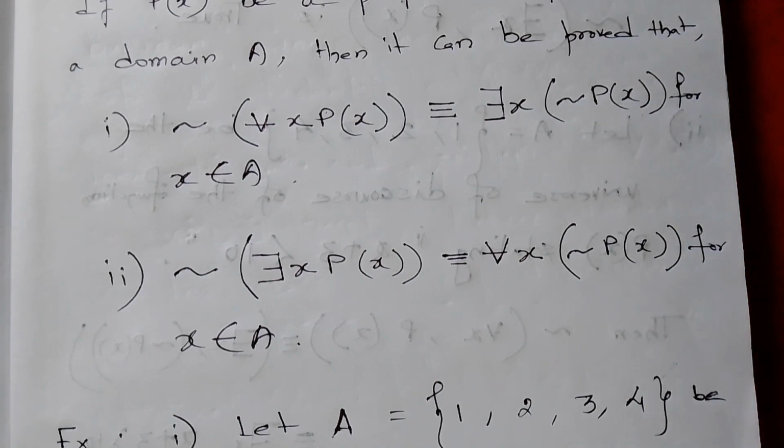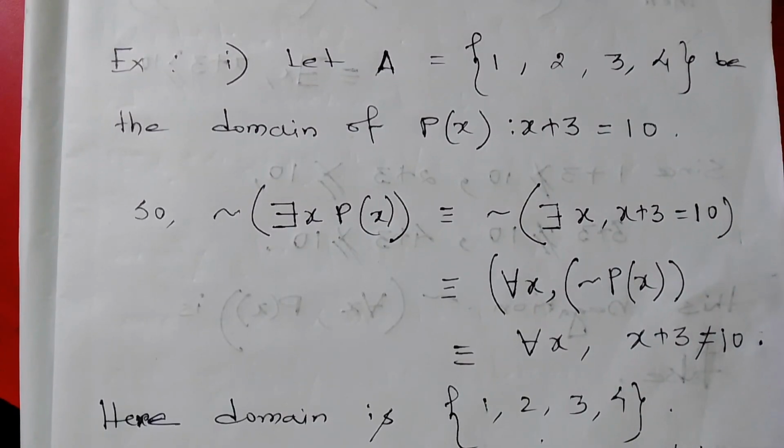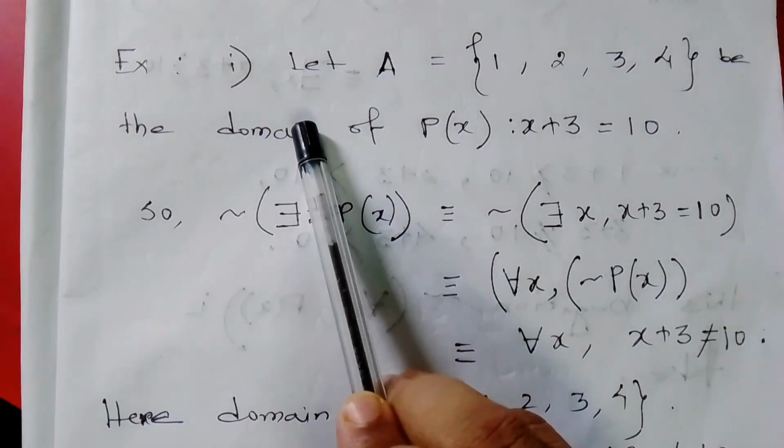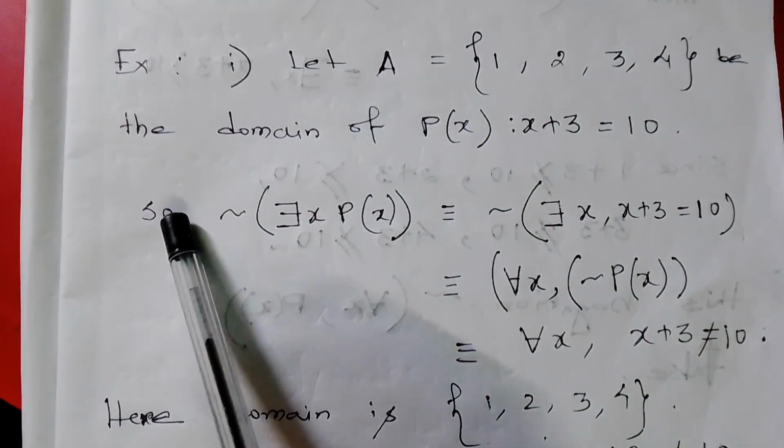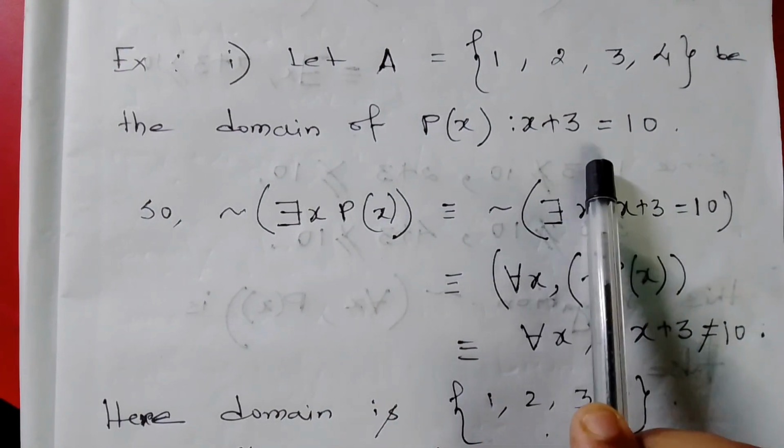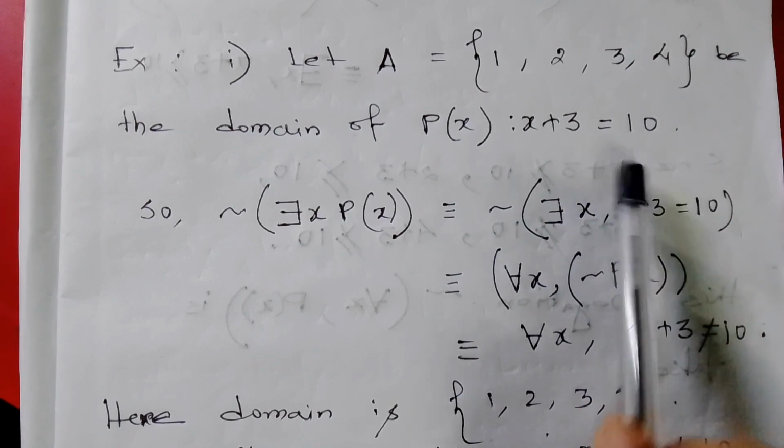Let me give you an example where the domain set, or the universe of discourse, is 1, 2, 3, 4, and P(x) is x plus 3 equal to 10.